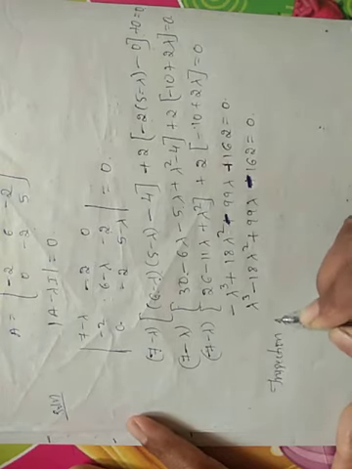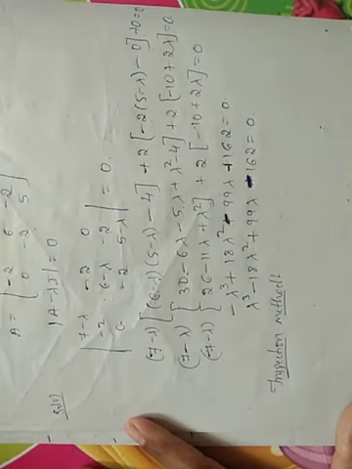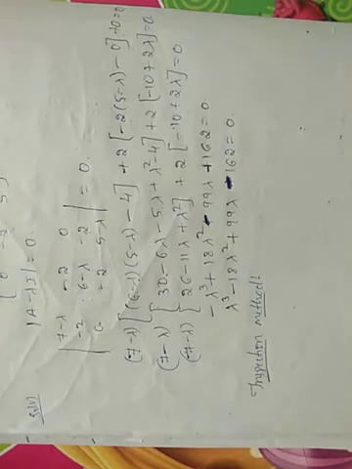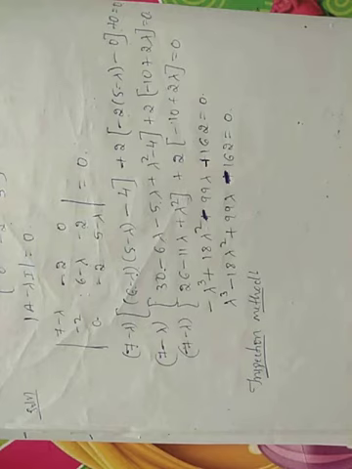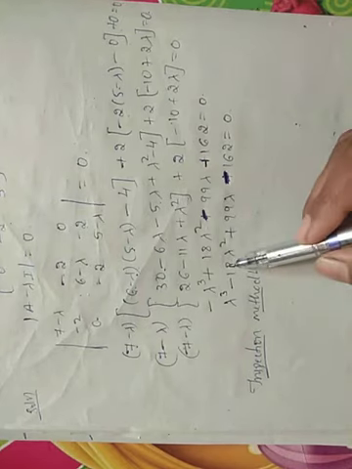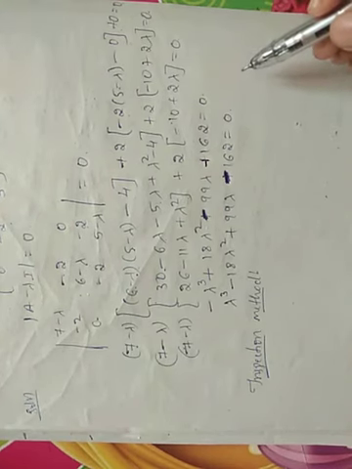Using the inspection method we are going to find only one value of lambda here. Since it is a cubic equation, we have to get 3 values of lambda.